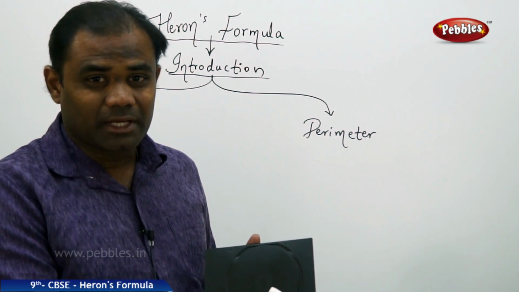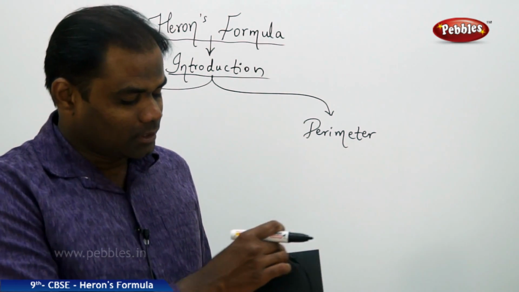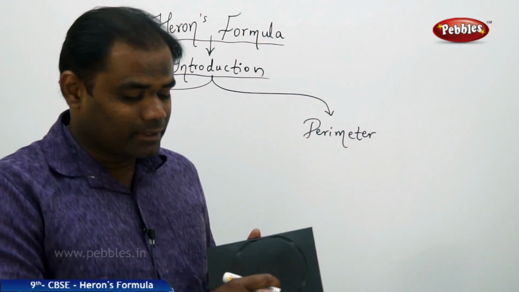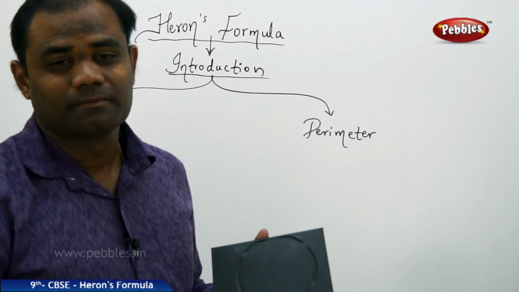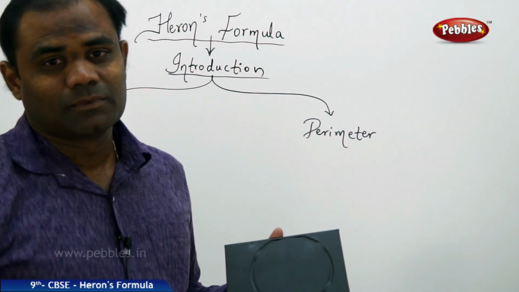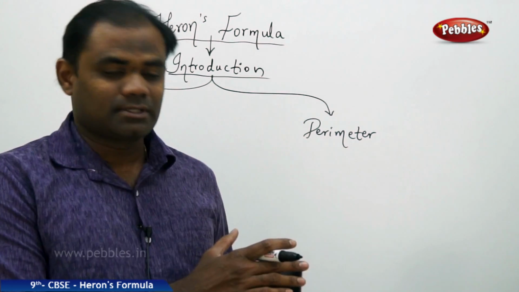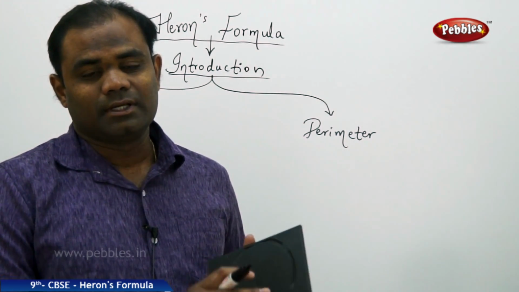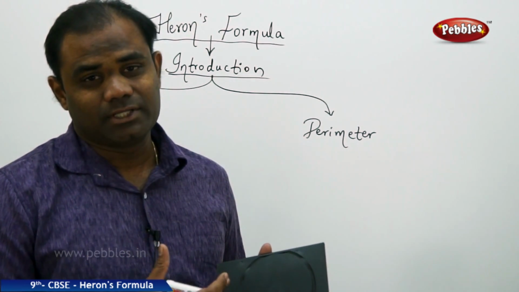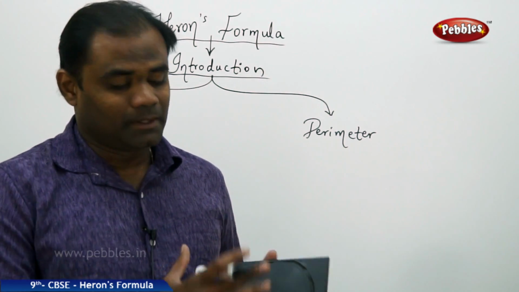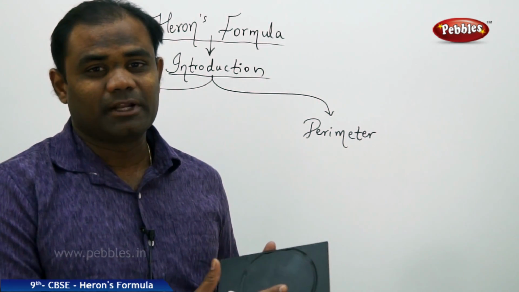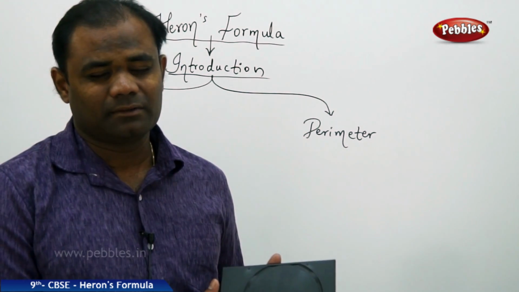The journey made by the ant along all four sides until it reaches its initial position is nothing but the perimeter. So perimeter is the sum of all the boundaries, the total length of the boundary. The total space of the planar region is called area.